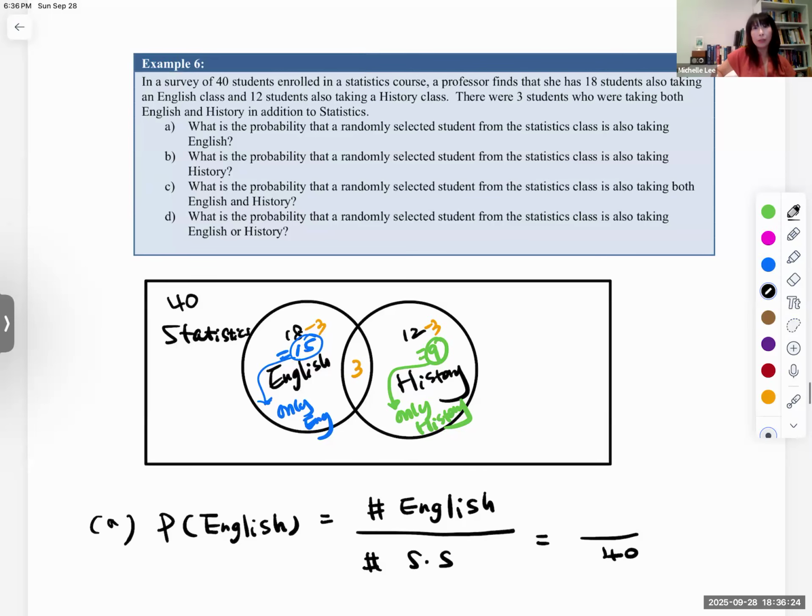Don't get confused with 15. 15 is the non-overlap. There were 3 students taking English and history, so we just answer English class, that's 18. Make sense to you? Not the 15. So 18 out of 40. What do you get? 0.45.